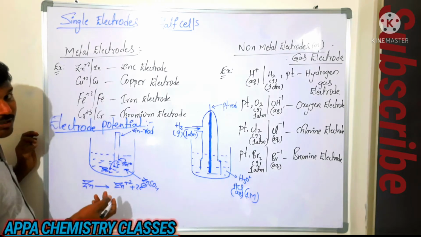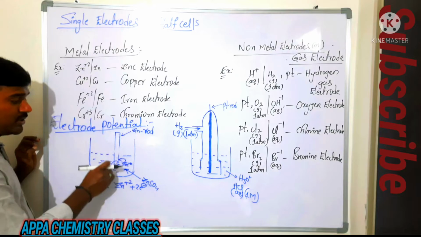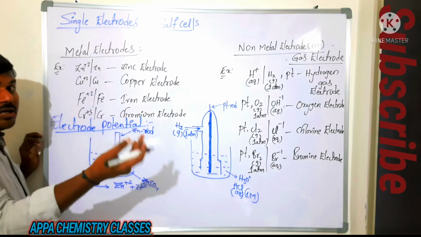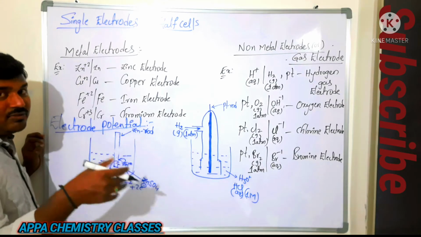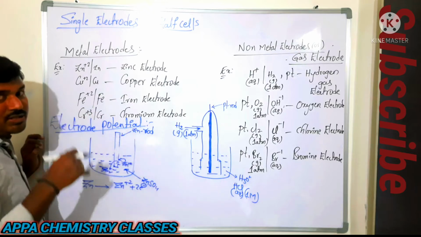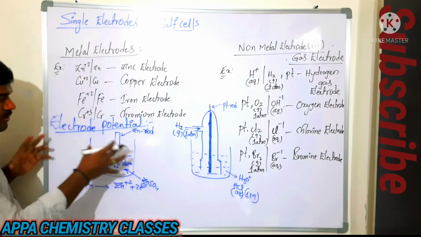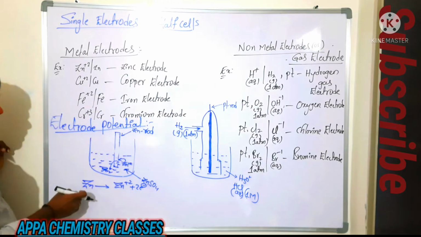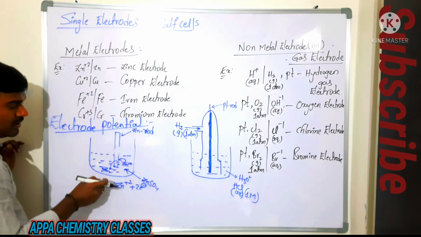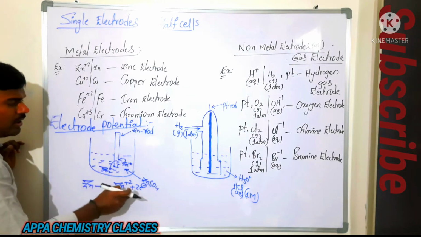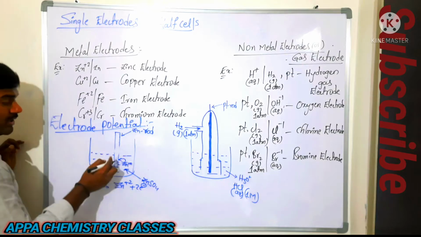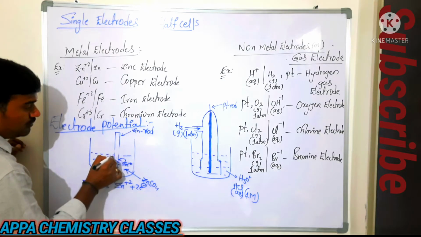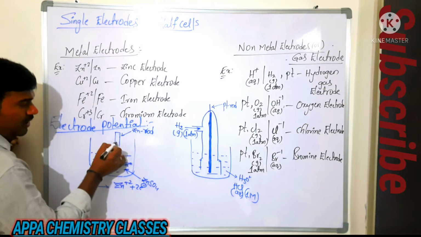There is a possibility that whenever it is dissolving in the aqueous solution, it releases some quantity of energy in the form of heat. The temperature may rise. So these all will be possibilities. Now for example, when a zinc rod is dipped in the zinc sulfate solution, it loses the electron. So it is converted to what? Zn+2.